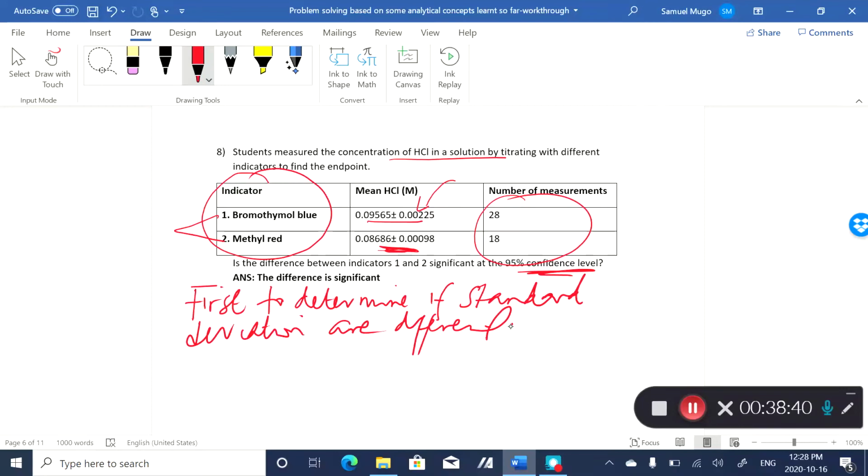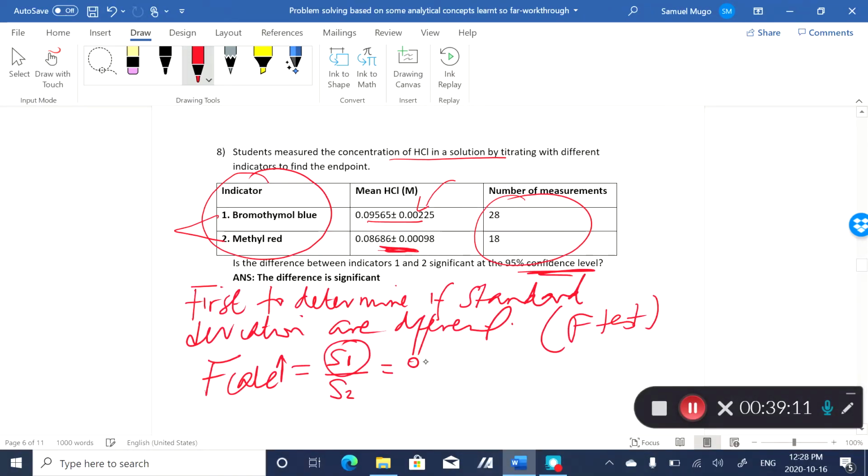So you need to do what you call the F test, and this one was fairly simple, so I won't go into great detail. So you have to do the F calculated in the F test. And so you take the standard deviation of method 1, the standard deviation of method 2. Remember, the F value always has to be greater than 1. And so this numerator should be the standard deviation that is bigger. And so you get 0.00225 is the bigger one.